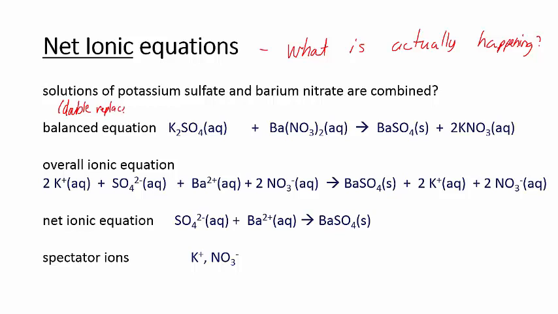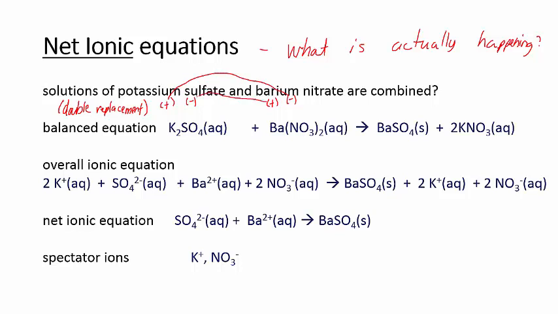Remember, in a double replacement reaction, you have a positive and a negative, because they're all going to be ionic compounds. When we write double replacements, you never, ever, ever put two positives together. Two metals do not form a compound. So this positive is going to make a compound with that negative.